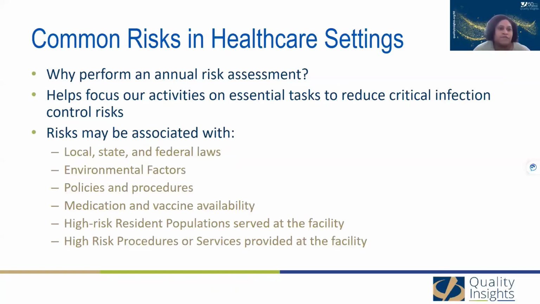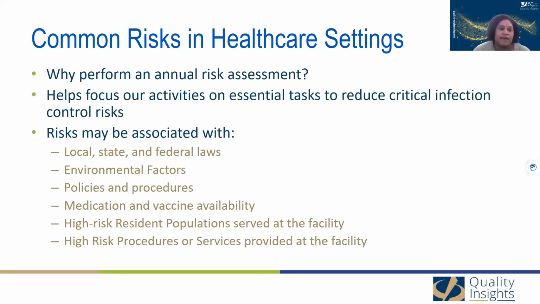So why do we perform an annual risk assessment? The risk assessment helps us focus our activities on essential tasks to reduce critical infection control risks. These risks might be associated with local, state, or federal laws, or environmental factors, like if you're up in the mountains, are there weather considerations? Is there flooding nearby?